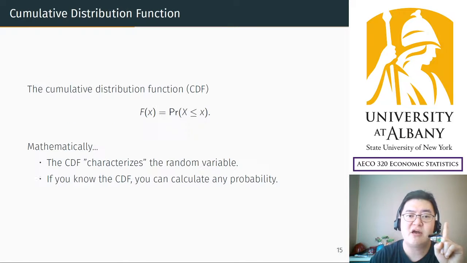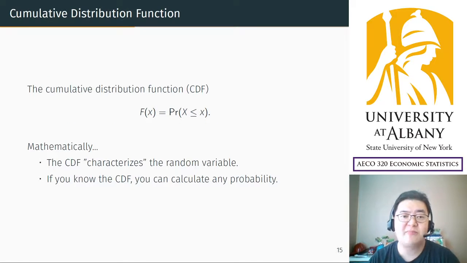And then it brings us back to the cumulative distribution function. We used the cumulative distribution function when we defined the median and the quantiles, and it's actually much more important than what we learned in that chapter.